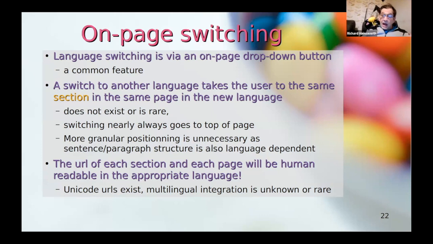So I thought that the granularity would need to be at the paragraph level, but I was speaking to my son who works in IT in Japan for a multilingual company. He said, no, you want it at the section level because in Japanese, the order in which you write your sentences when you're explaining a thought is different to the order in which English is explained.